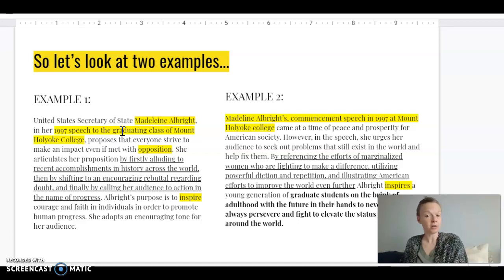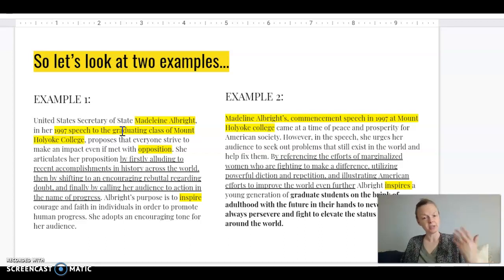Albright inspires a young generation, and she goes on. So that is the example of the great one. I think you just know where that person's going. Their sophistication is a little bit stronger. I think the end of it really shows that too. Albright inspires a young generation of graduate students on the brink of adulthood with the future in their hands to never settle, also always persevere and fight to elevate the status of women around the world.